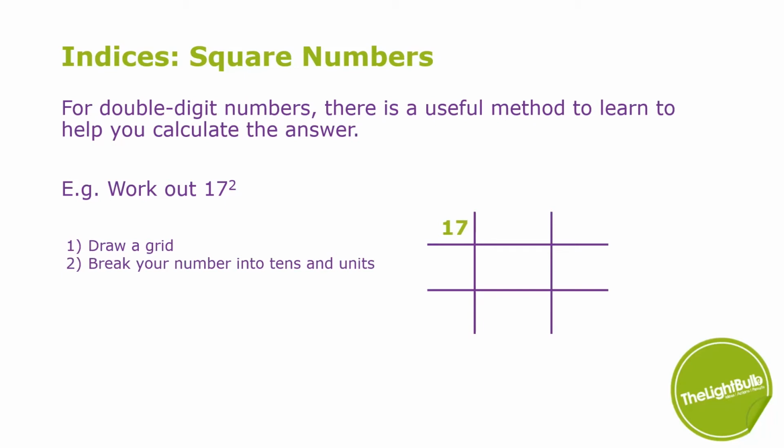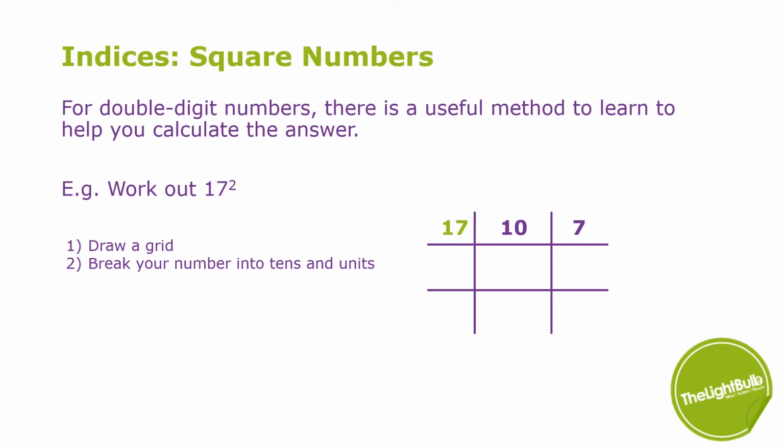What we then do is break that number into tens and units. And so 17, we can say, consists of 10 and 7. So we can pop the 10 into the middle column at the top, and we can pop the 7 into the final column at the top. So we've now got column headings of the 10 and the 7.